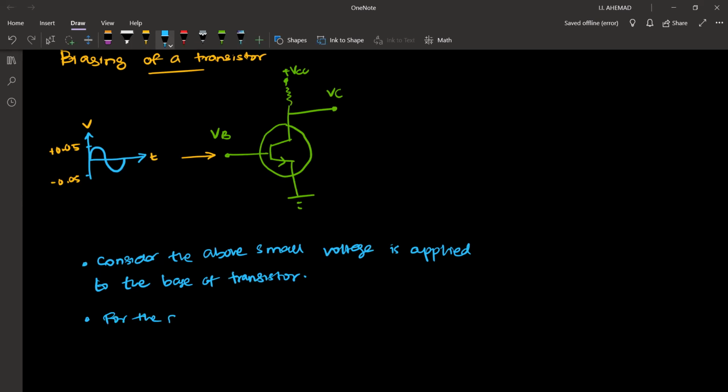For the above voltage, IB is equal to 0, and therefore IC is also equal to 0. Hence, there is no amplification.